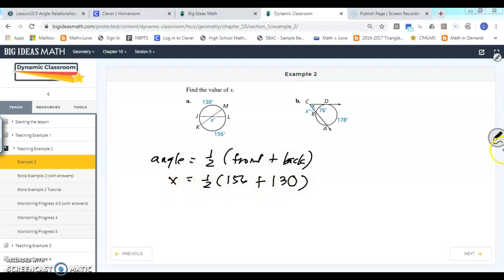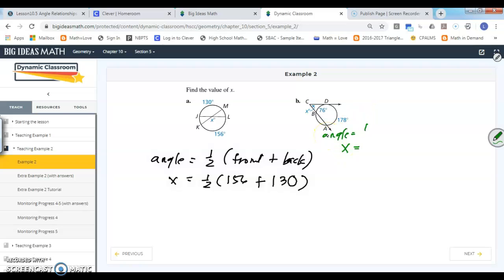Now for the other one, this is an angle that's formed by a tangent and a secant. So using the formula we learned, let me write down the formula first.